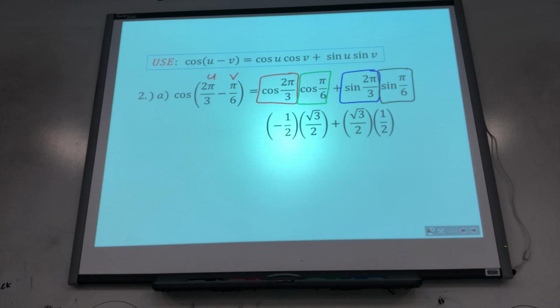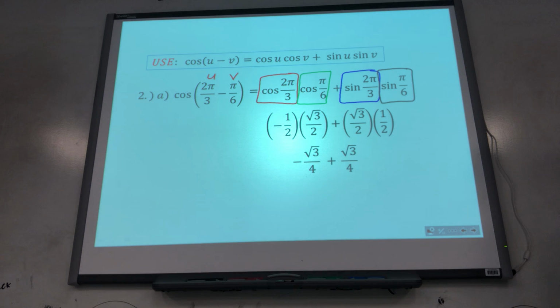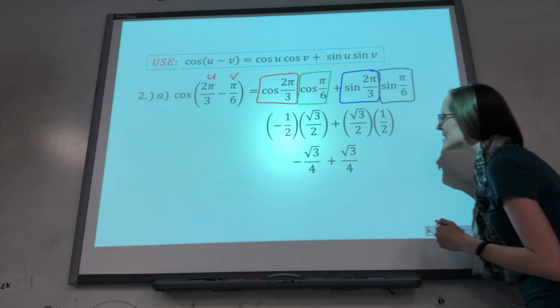So it's a lot of the same steps to simplify. We want to multiply the fractions together and then hopefully put it all together as a single fraction. Okie doke. So up front, negative 1/2 times radical 3 over 2. That makes negative radical 3 over 4. Plus, well, this is interesting.